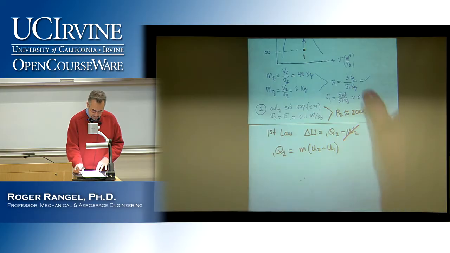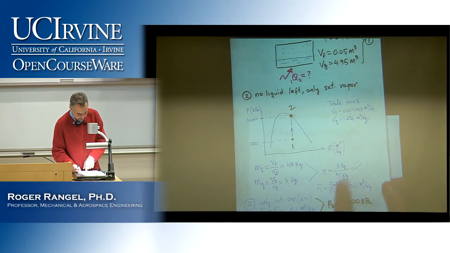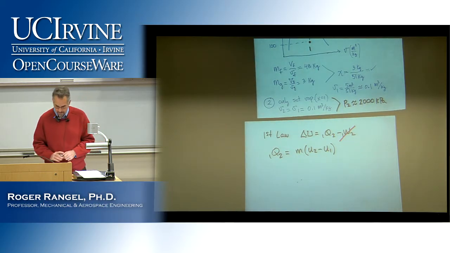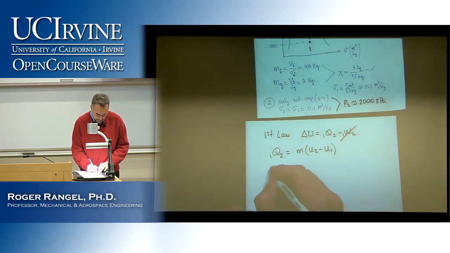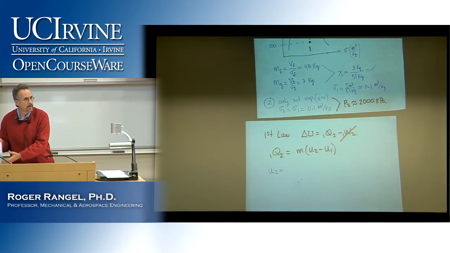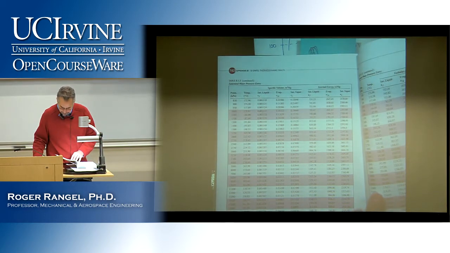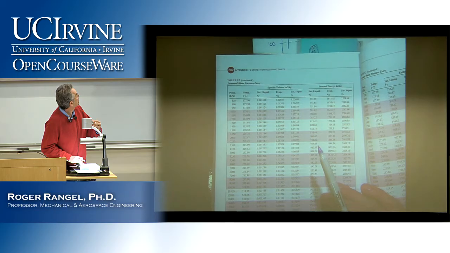So we calculated the mass a while back. It was 51 kilograms. But we need U2 and U1. So of course U2 is the easiest of the two at this point. What's U2? I just go back to the same table I was just looking at. So if I go at 2,000, blow this up a little bit.